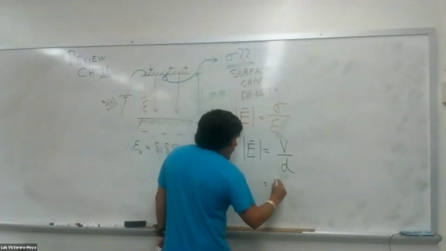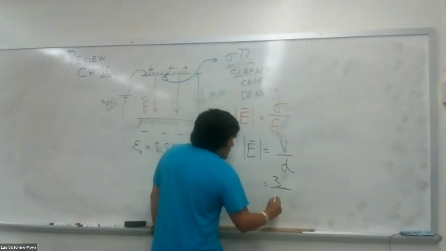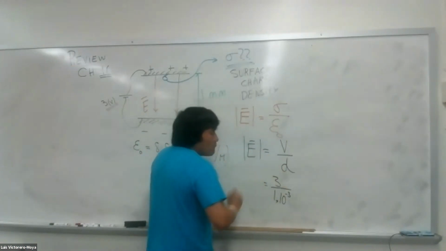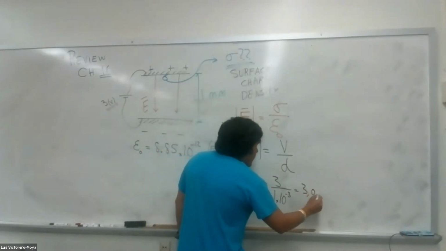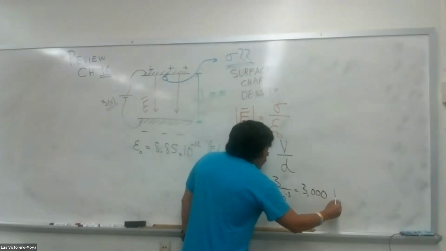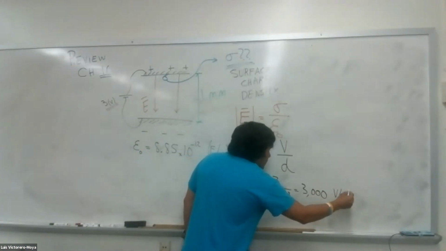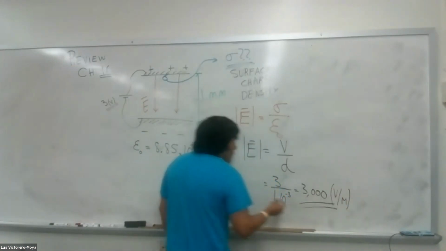What's the voltage? 3 volts. The distance is not 1. It's 1 times 10 to a negative 3 meters. So 3,000 volts per meter. I found my electric field.